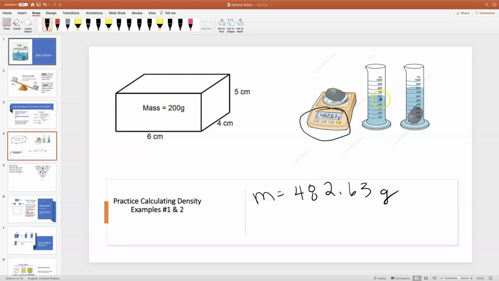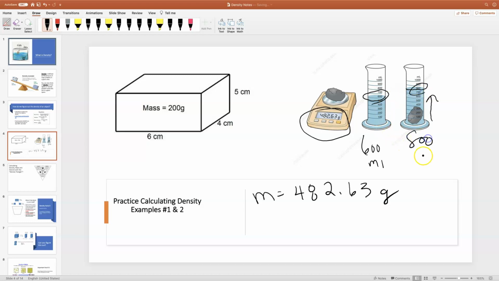They take a graduated cylinder, they've placed some liquid inside of the graduated cylinder, and you can start at whatever level you want. They started at 600, right? So you got 600 milliliters in this graduated cylinder. And then we carefully kind of roll the rock into the graduated cylinder. And once that rock gets into the water, it displaces, which means it moves the water upwards in the graduated cylinder to get a measurement now of 800.